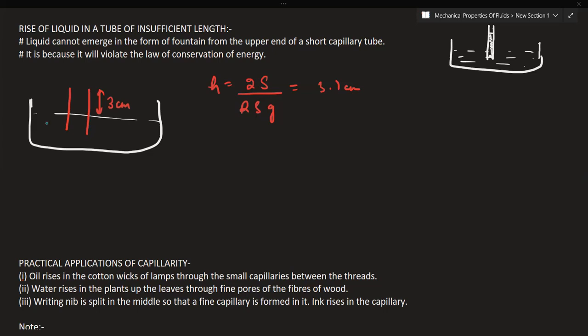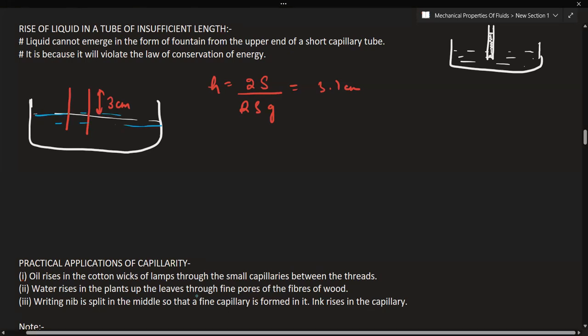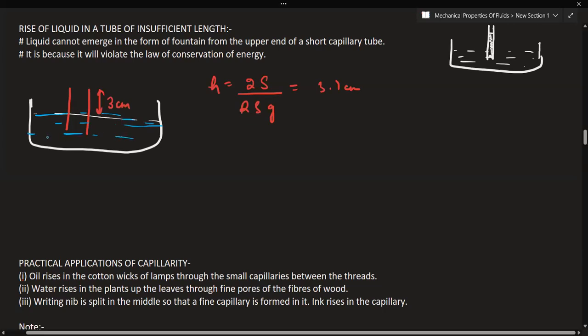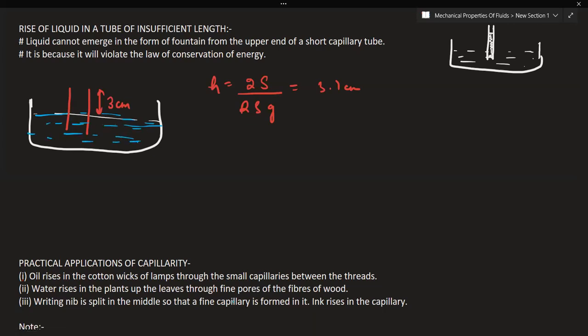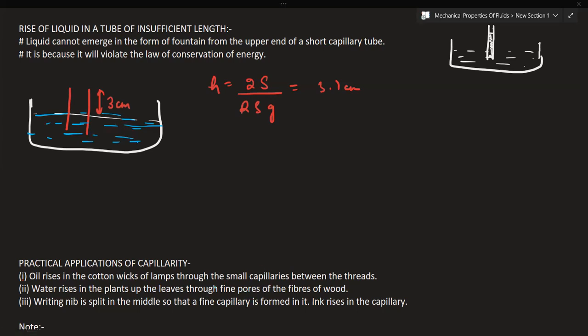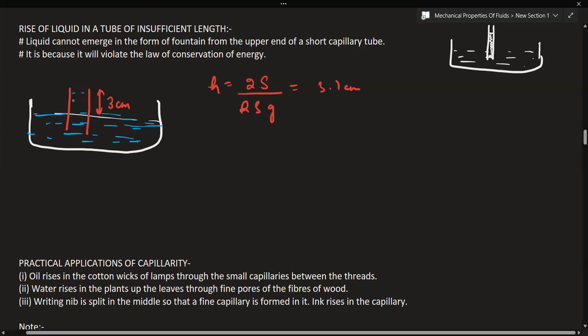What happens is that if this is the fluid, if this is our liquid, then see, the liquid will come to the surface and it will expand its radius. See, why will it expand its radius?